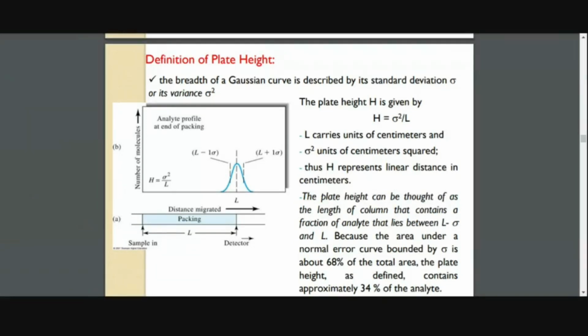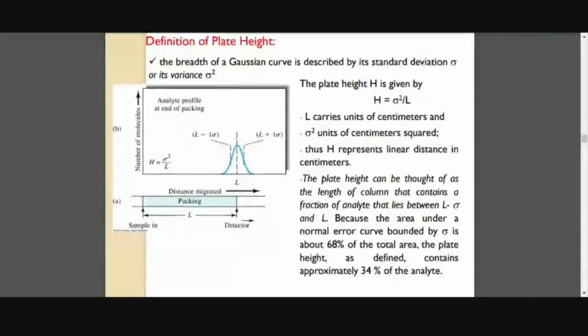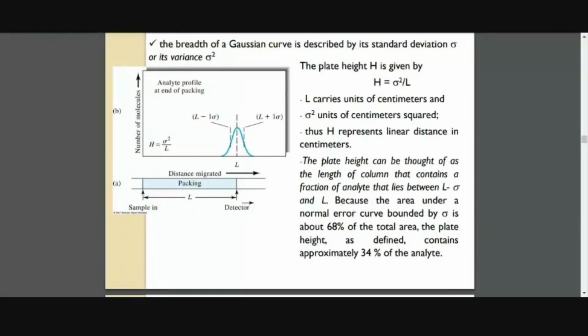You are measuring the analyte at length L. Because the area under the normal error curve, the Gaussian curve, bounded by sigma, is about 68% of the total area. This area between L minus sigma and L plus sigma covers 68% of the curve.